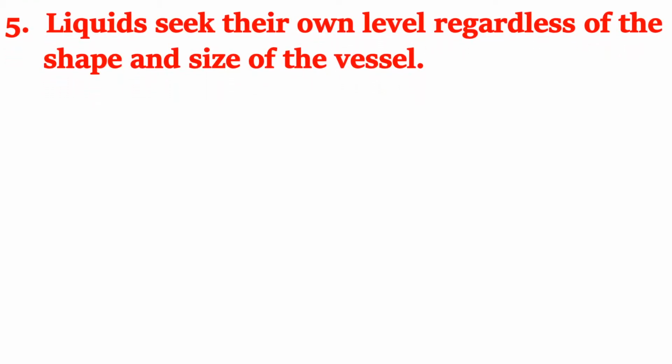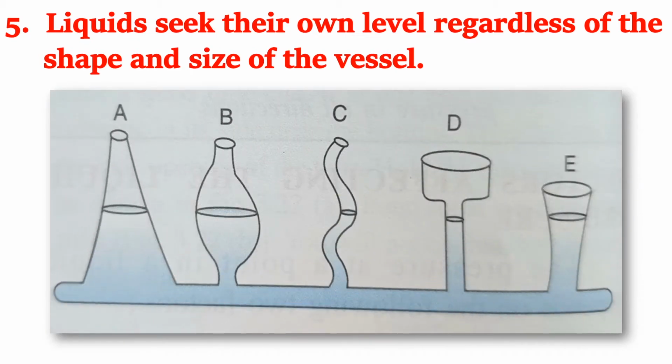The last characteristic feature is liquid seeks its own level regardless of the shape and size of the vessel. Here we have a figure. You can see we have different types of vessels interconnected with each other. We have A, B, C, D, E, all of different shape and size, but all are interconnected.